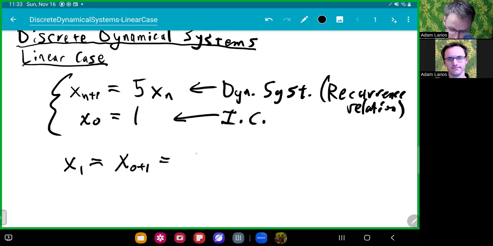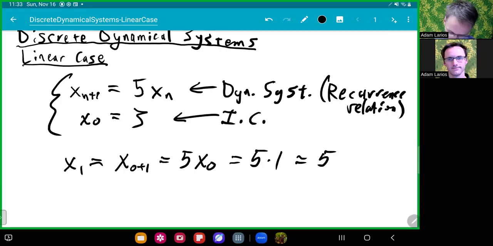That's just being an index. And then by our recurrence relation, this is 5 times x0, and x0 is 1, so we have 5. If we had a different initial condition, such as 3, then we would get 15, a little more interesting.